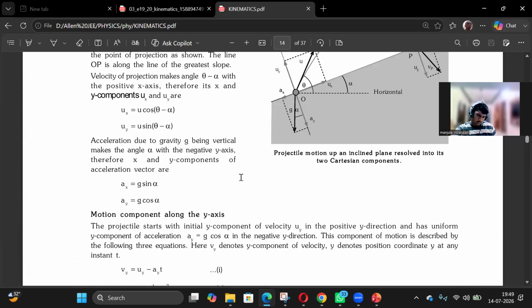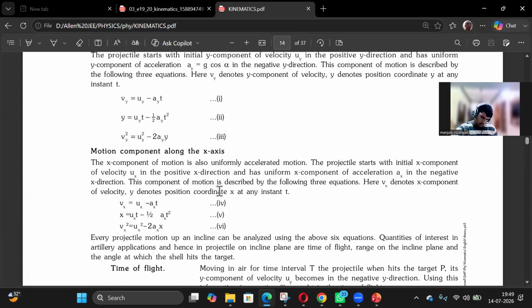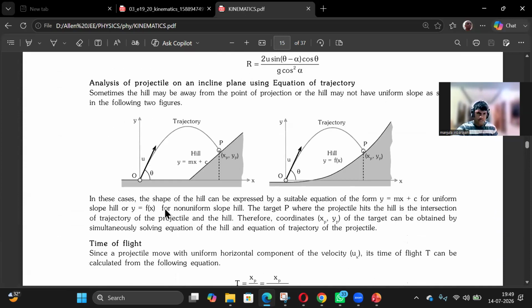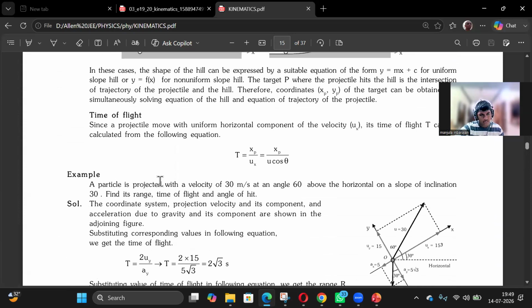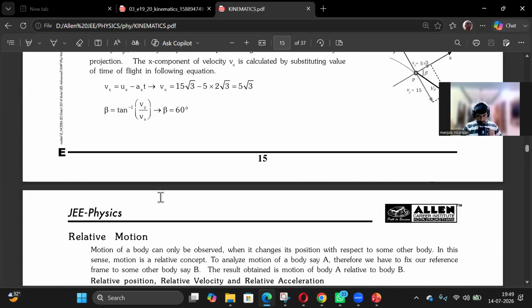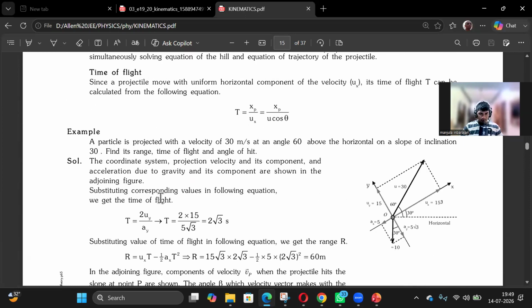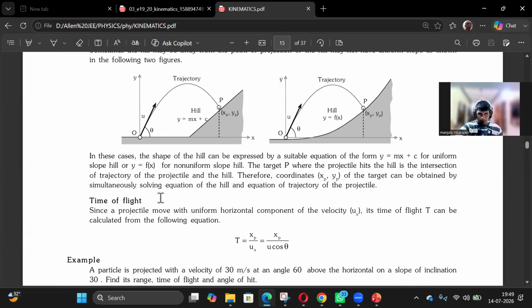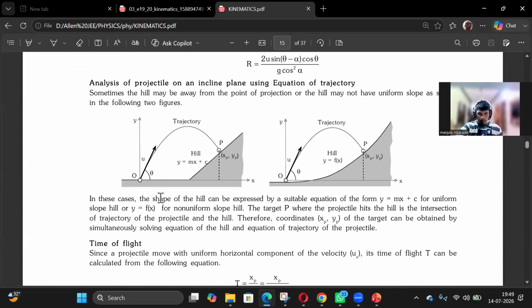So time of flight and range is known. This is a different thing.